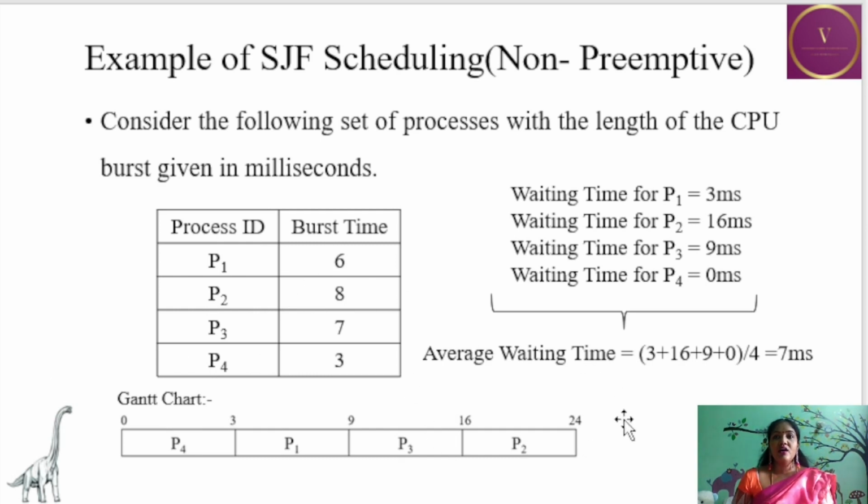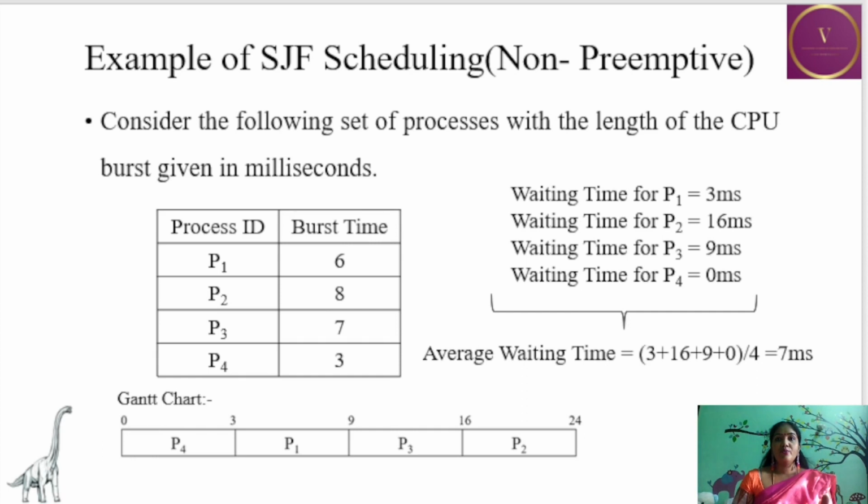So totally the CPU will be used for 24 milliseconds by all these processes. Remember, all the processes are arriving at the same time, and after all the processes have arrived, this SJF non-preemptive method judges which process is the smallest one, and assigns the CPU according to the process which has the smallest CPU burst time.